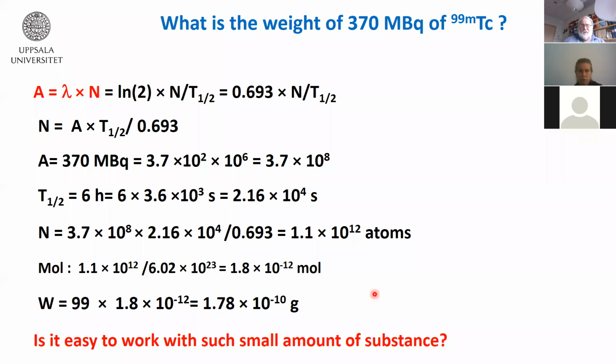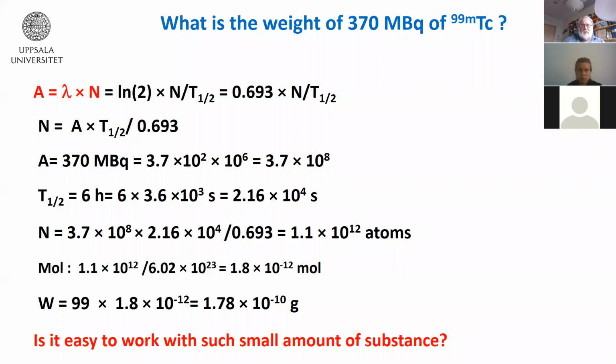Moreover, we're working with ionizing radiation. There happens radiolysis of water or the working solution, and when your nuclide is present in such a small amount, it could be relatively easily oxidized, for example. So that is the trouble.